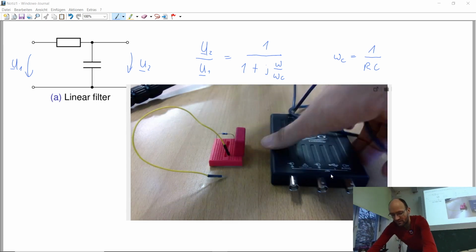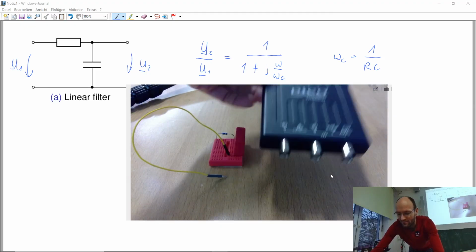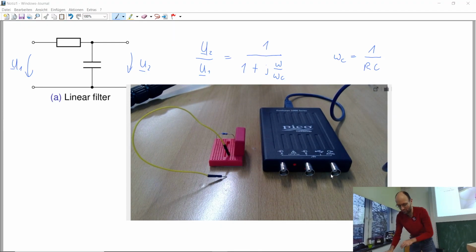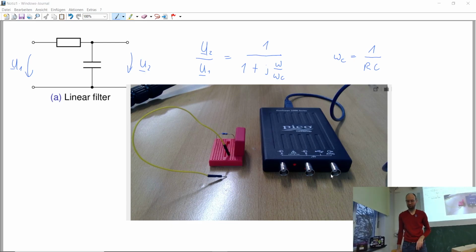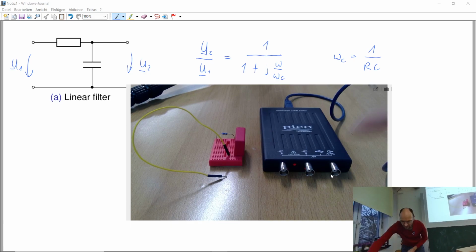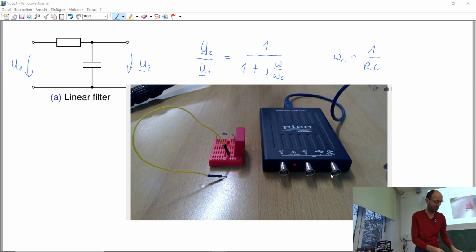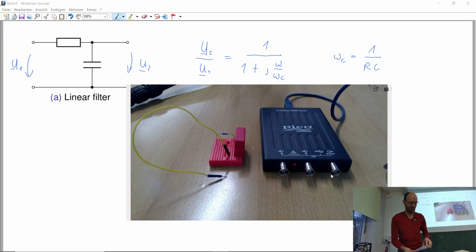Once I connect it, if it's recognized by the USB port, it should make some bing bing maybe. Okay, it doesn't, but as you can see, there is some LED that lights up, so it is connected. Maybe the sound is just disabled on my computer.